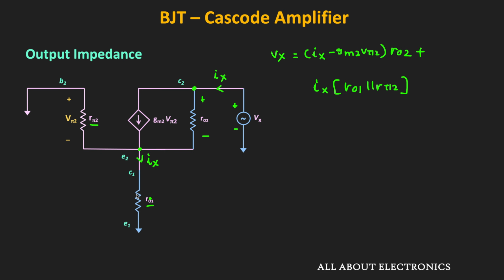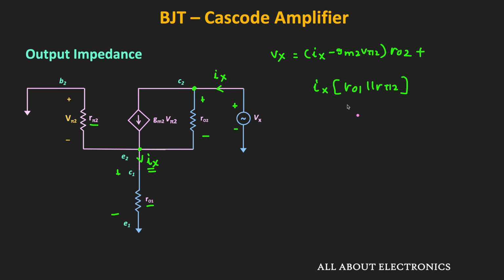Because the R01 and the Rpi2 are connected in parallel, and the current that is flowing into the equivalent resistance is equal to Ix. So the voltage drop across that is equal to Ix times the parallel combination of Rpi2 and R01. So that is this voltage.